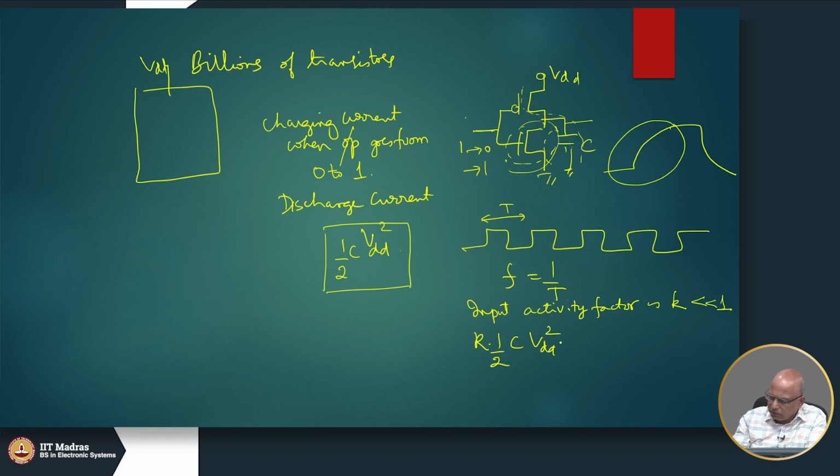And we can multiply it by the total number of clocks. So, k times the number of clocks is the number of times when the NOT gate switches. If you want to calculate the power, power is energy by time.